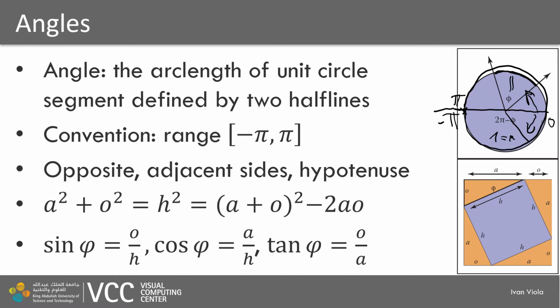The Pythagorean theorem, as we know it, is defined as, and I will write it here with small letters, a squared plus b squared equals c squared, and this holds in the right angle triangle.